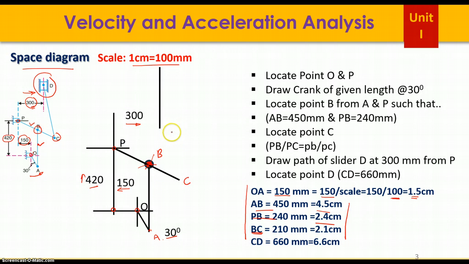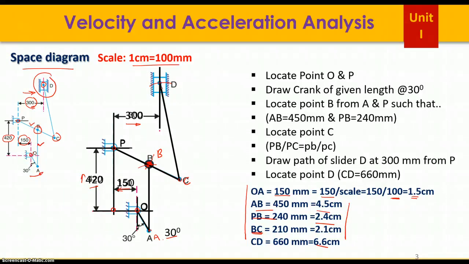This is the vertical path of the slider. Now how to get this point D? CD is given 660, that is 6.6 centimeter from this point C. Take a compass, take radius 6.6 centimeter, and draw this arc. So this is point D. Once you get this point D, label all the points. So this is the configuration diagram.